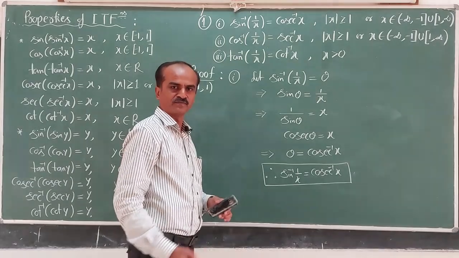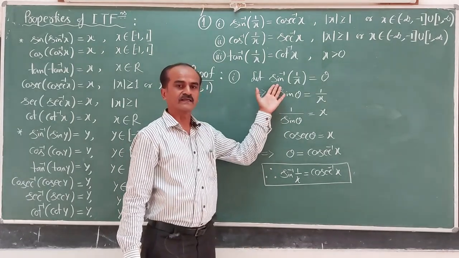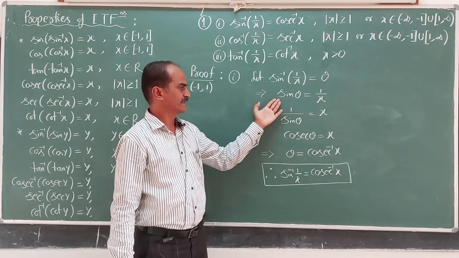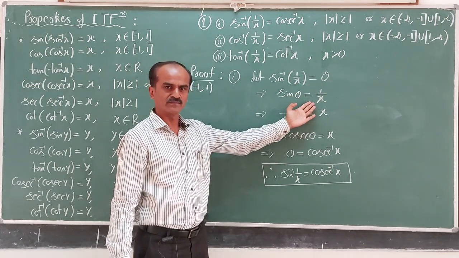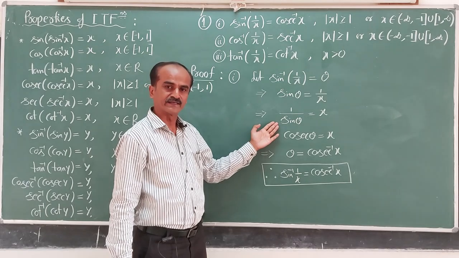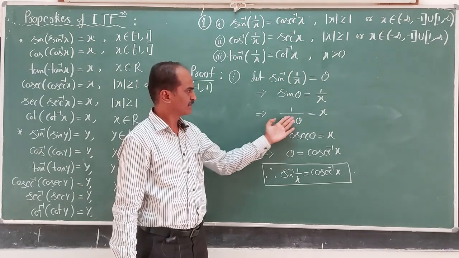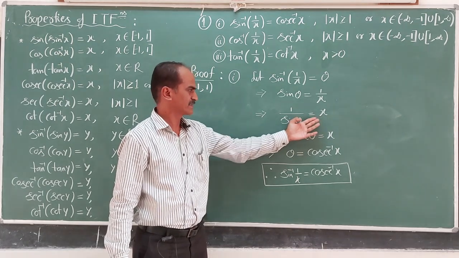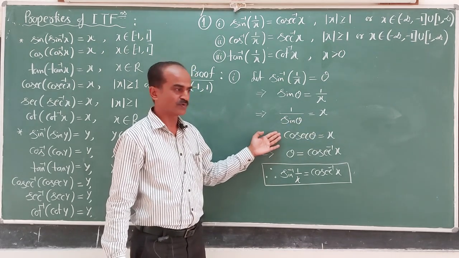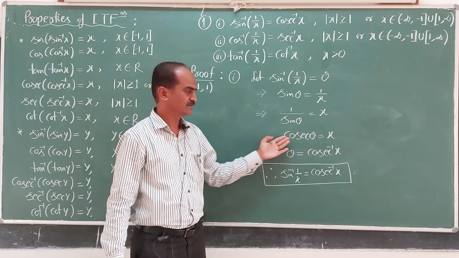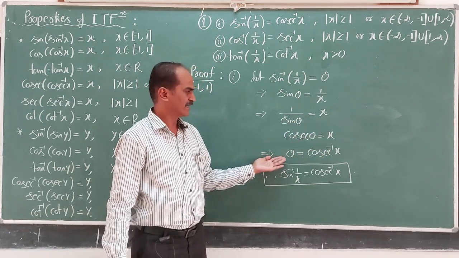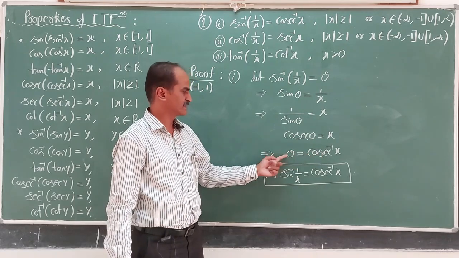Very simple proof. We have taken sin inverse of 1 by x as theta. Using inverse function, sin theta equal to 1 by x. On taking reciprocal both sides, I get 1 by sin theta is equal to 1 over 1 by x, nothing but x. Reciprocal of sin is cosecant, so cosecant theta is equal to x. Again applying inverse function here, I get theta equal to cosecant inverse x.